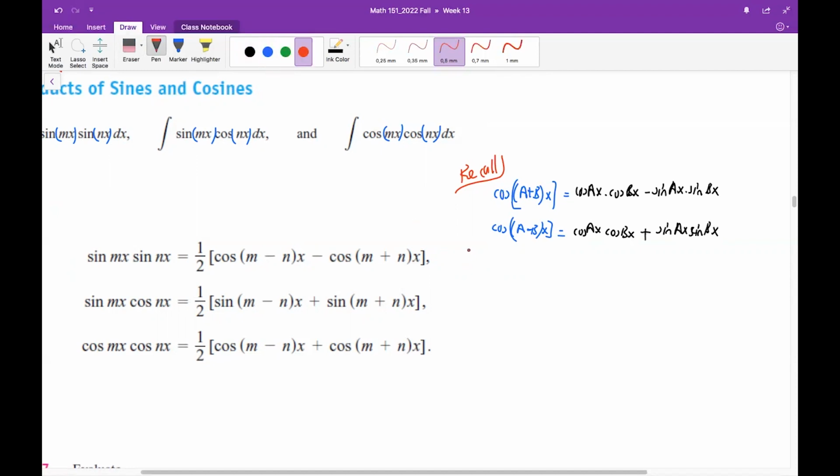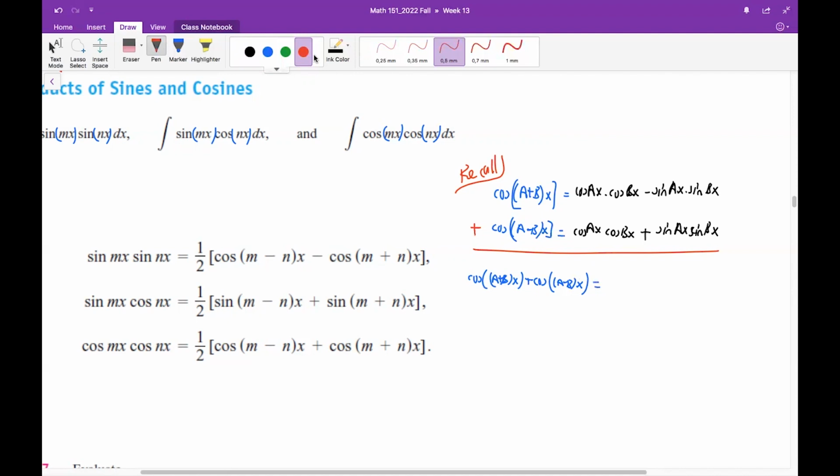And then if you sum these two lines up, what do you obtain? So it goes like cosine (a plus b)x plus cosine (a minus b)x is what?